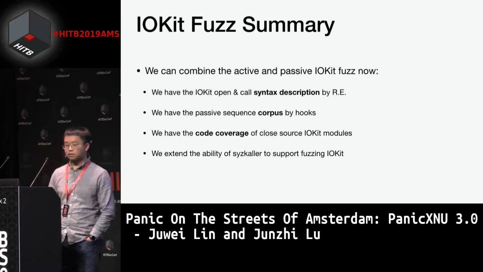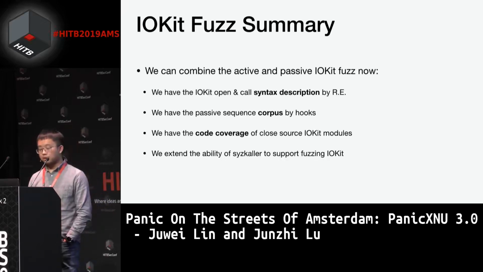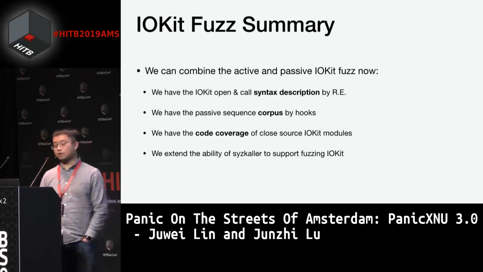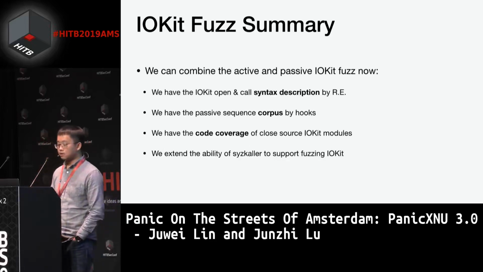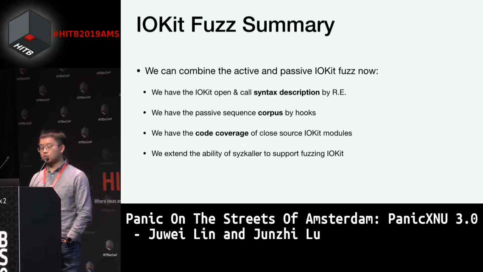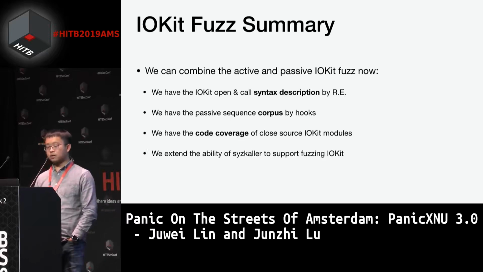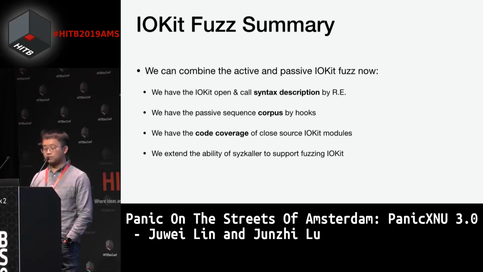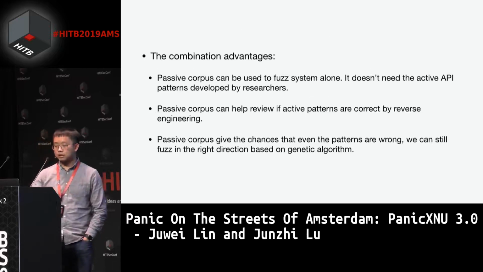Okay, next is the alkyd fuzz summary. We can compare the active and the passive alkyd fuzz now, because we have the alkyd open and call syntax description by reverse engineering, we have the passive sequence corpus by hooks, and we also have the code coverage of closed source alkyd modules now. So we can extend the ability of syzkaller to support fuzzing alkyd.